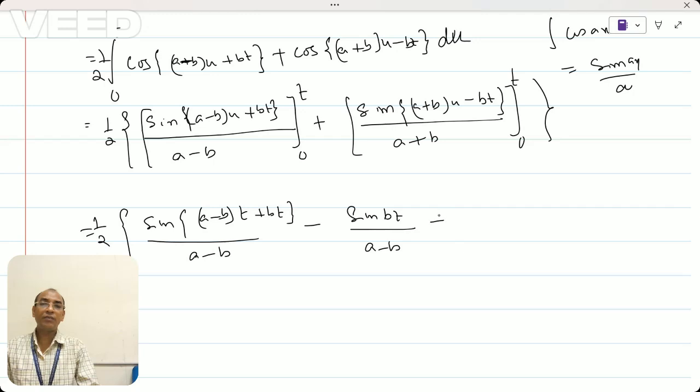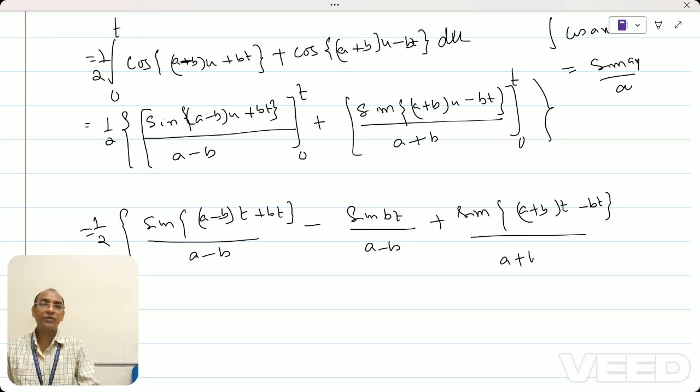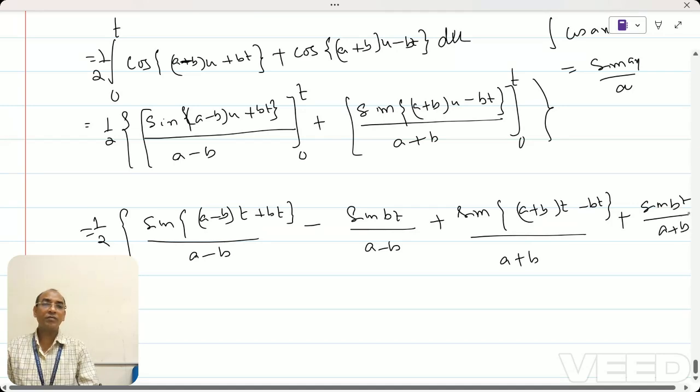Similarly here plus sin of a plus b of t minus bt divided by a plus b, and then minus sin of minus bt, which is minus of minus sin bt, so plus sin bt by a plus b.